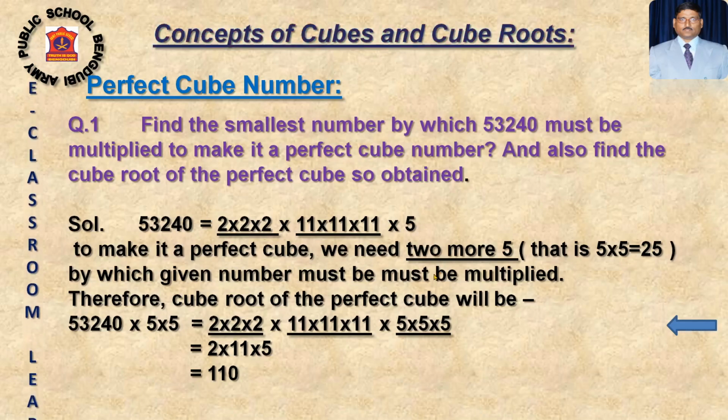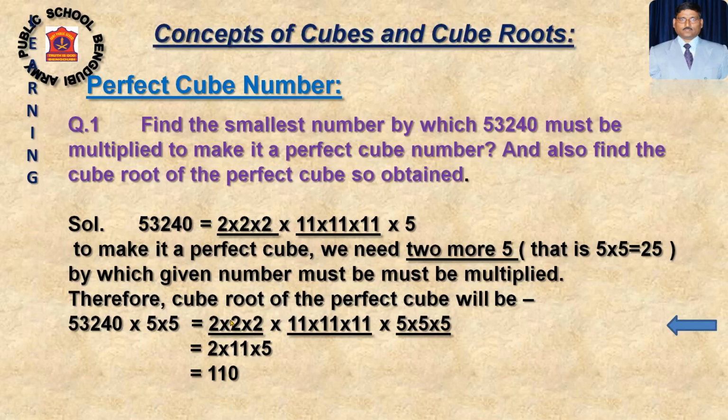And after getting the perfect cube number, what will be the cube root? Now if we multiply it by 25, the pair of 2s was already there, the pair of 11s was there, and only one 5 was there, and I'm multiplying by these two 5s. So now when you find the cube root, per group of 3 common factors, I will be getting 1.